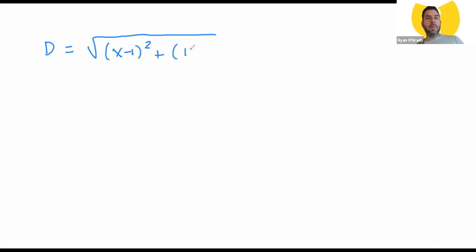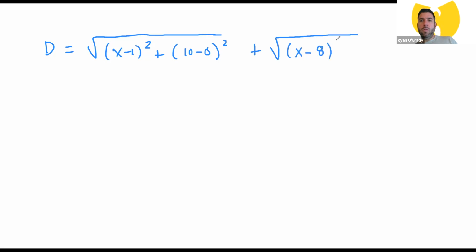Well, that would be (10 minus 0) squared. And then the other piece we could write as (x minus 8) squared, did I use 8? Forget already. Yeah, (x minus 8) squared, and then the y distance, once again, is (5 minus 0) squared.